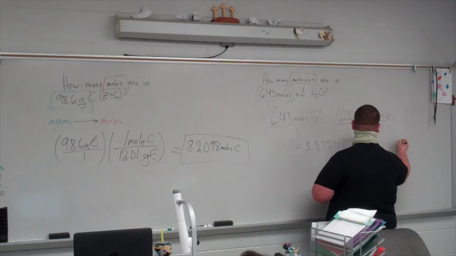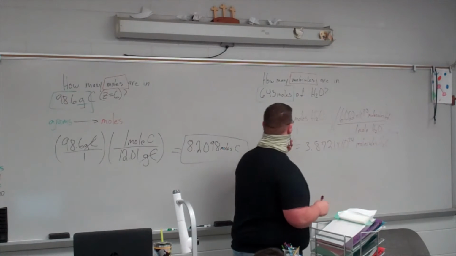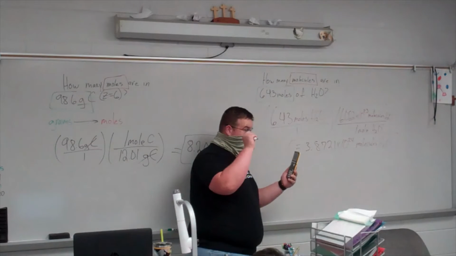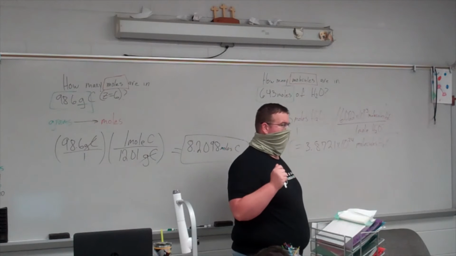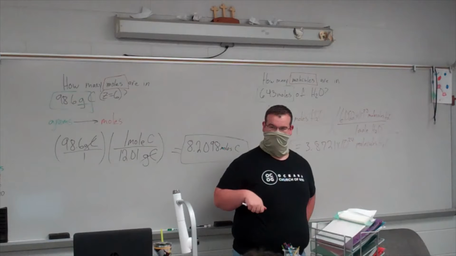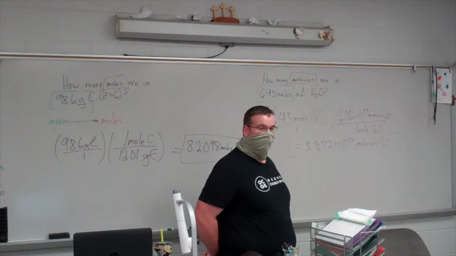How did you get that in the calculator? I typed 6.43 times 6.022 E23. How do we get the E again? Second column. E and then just 23.